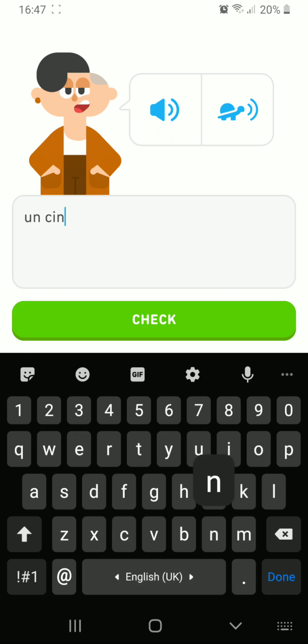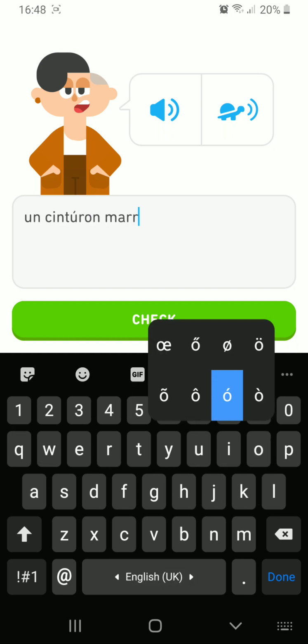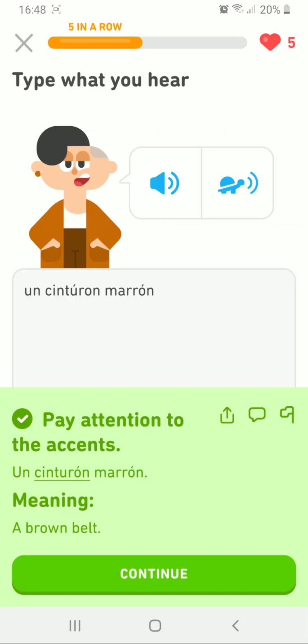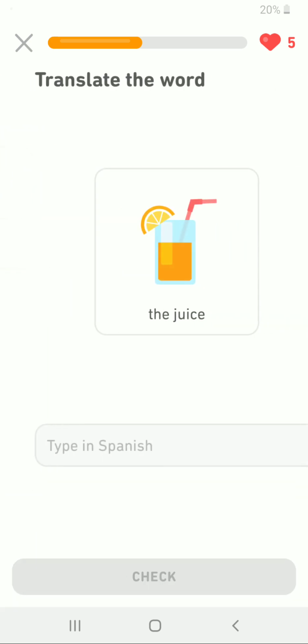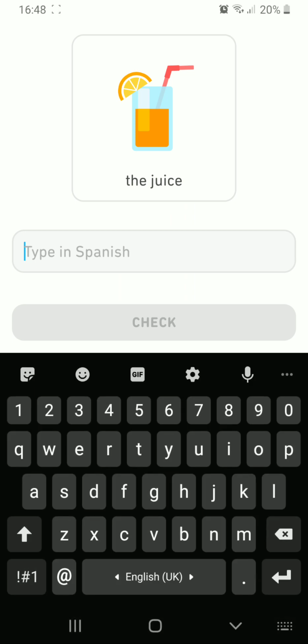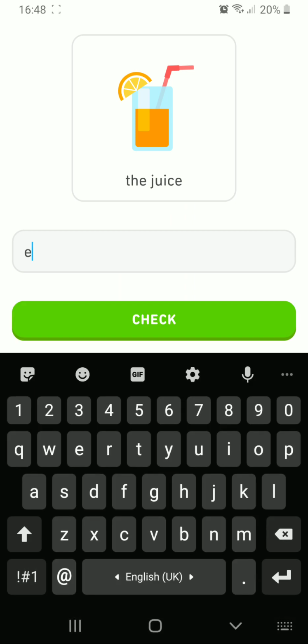Un cinturón marrón. So cinturón, it's a belt, and the accent is on the O, not on the U. So my apologies. El jugo.